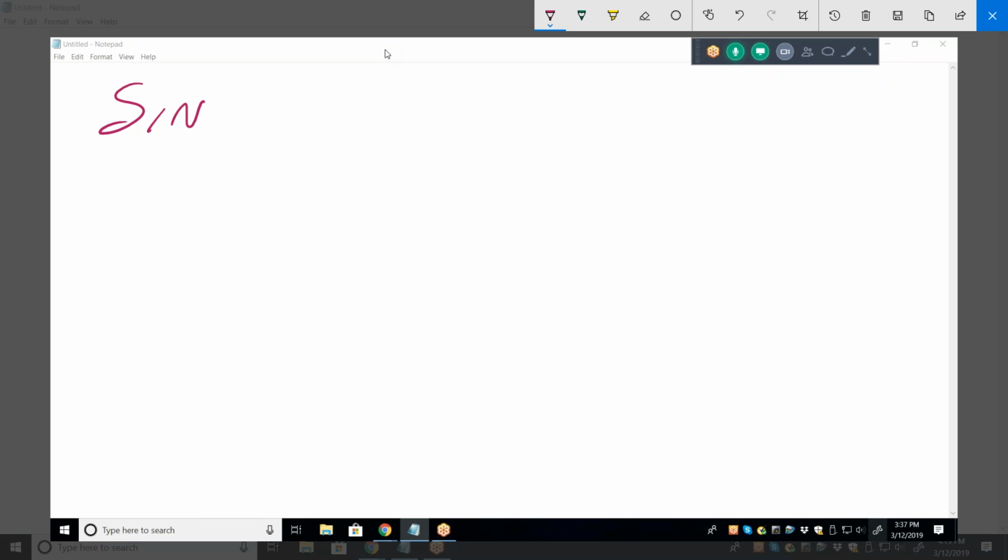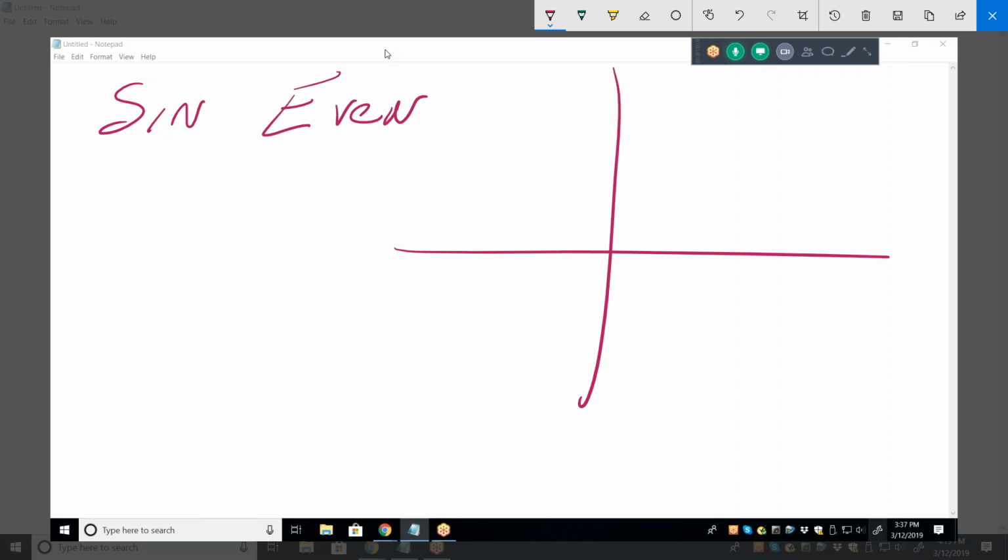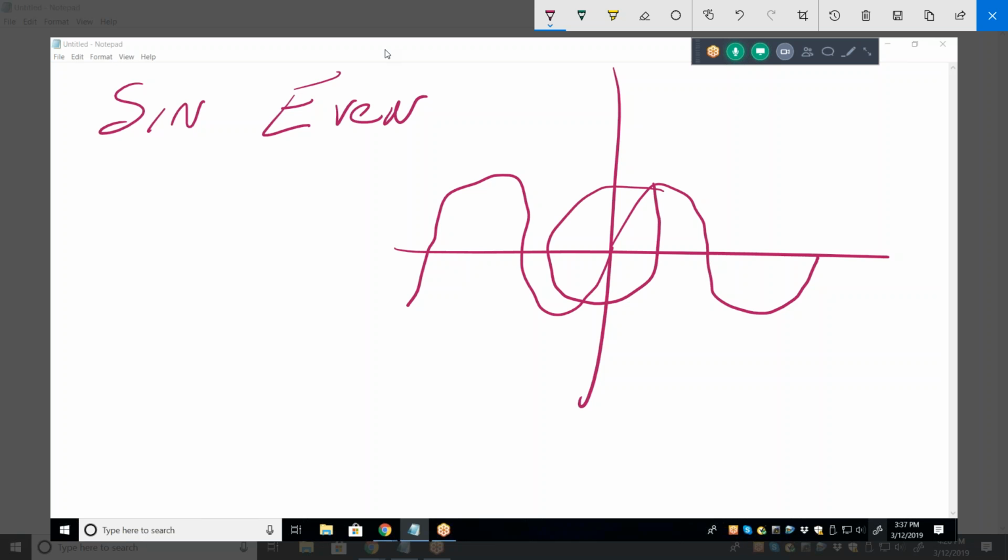Sine is odd because the graph is symmetrical about the origin. Okay? In other words, that is symmetry about the origin.